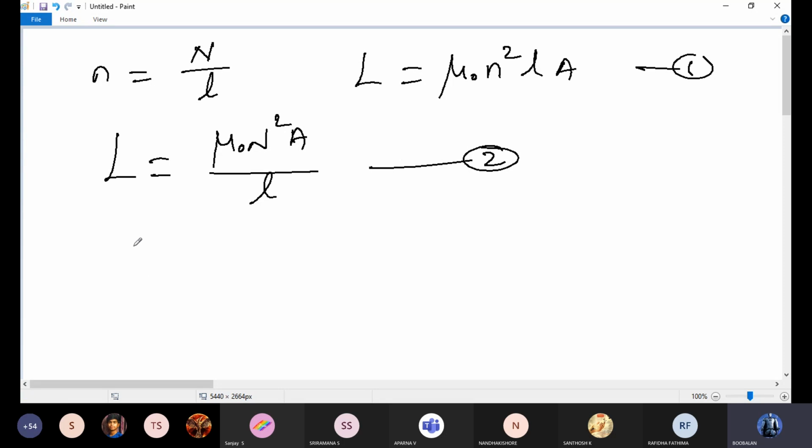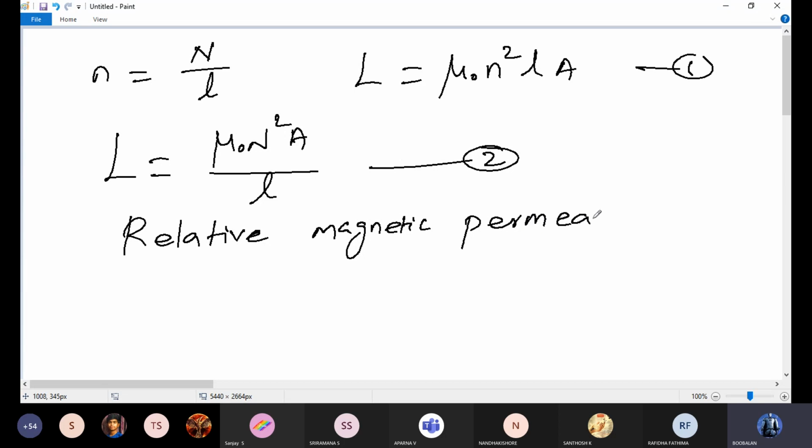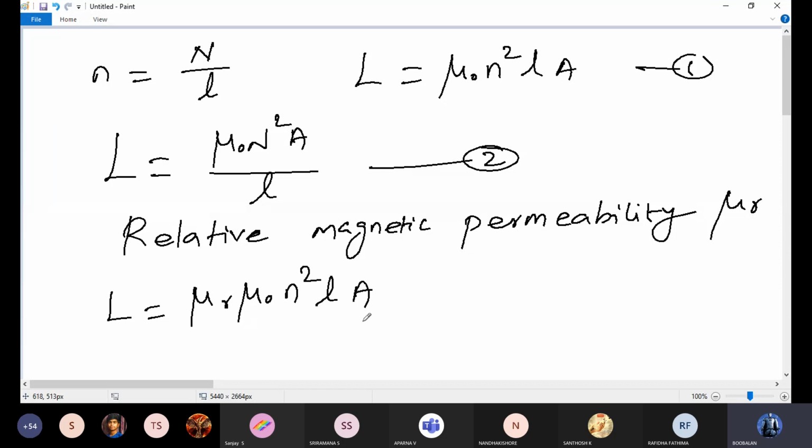Same formula, just I will compare with the relative magnetic permeability, that is mu R. Same formula only: L equal to mu R mu naught n square L A, where mu naught is the permeability of free space and mu R is the relative permeability.